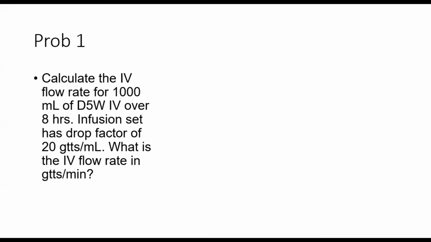Let us have an example. Problem number 1. Calculate the IV flow rate for 1,000 milliliter of D5 water IV over 8 hours. The infusion set has a drop factor of 20 drops per ml. What is the IV flow rate in drops per minute? So step number 1, we need to understand the nature of the problem.